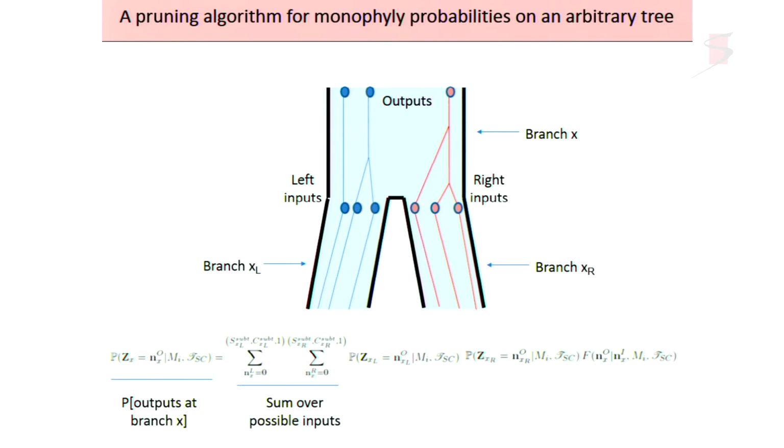This is the sum over the inputs coming from the left side and the inputs coming from the right side, and those are vectors of length 3 as well. The probability of the left inputs, the probability of the right inputs, and then a function that describes the probability of the outputs given the inputs. And that's the complicated part. There are about 6 or 7 different cases for figuring out how to determine that function.